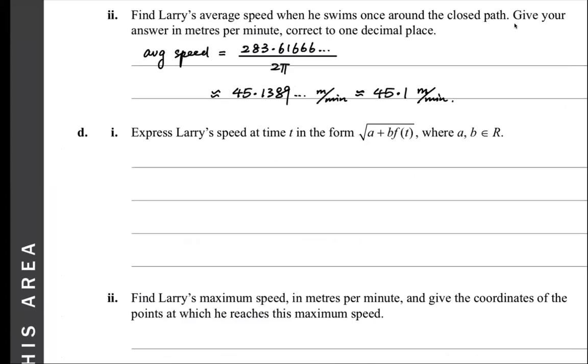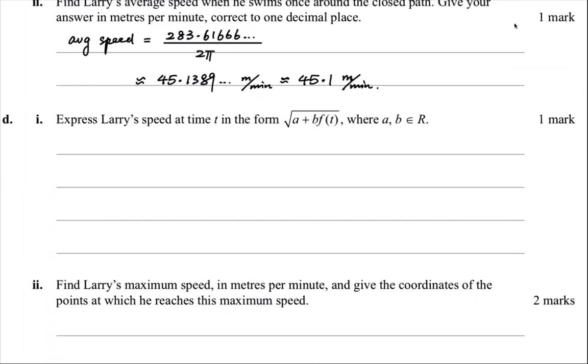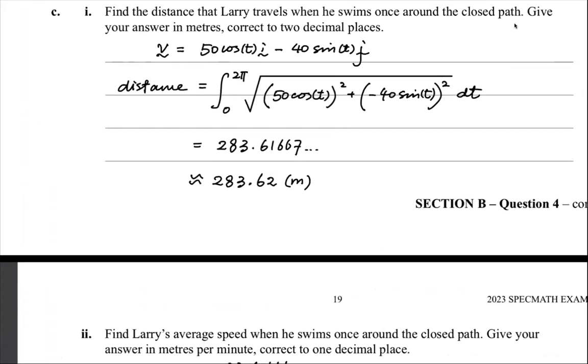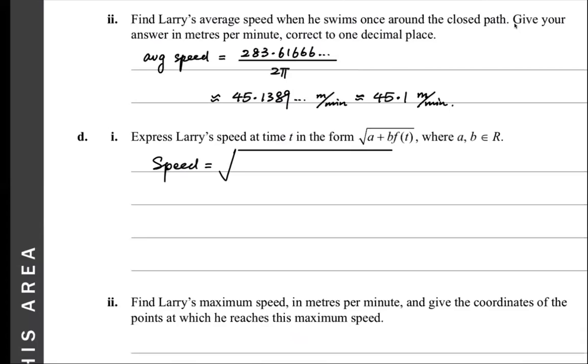All right. Then express Larry's speed at time t in the form square root of a plus b f of t, where a, b are real numbers. Notice that in the previous part, we actually get the integrand in this form. So look at it before, 50 cosine t squared, that is 2500 cosine squared t.